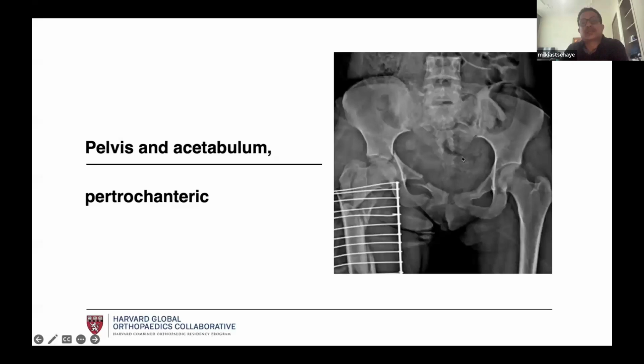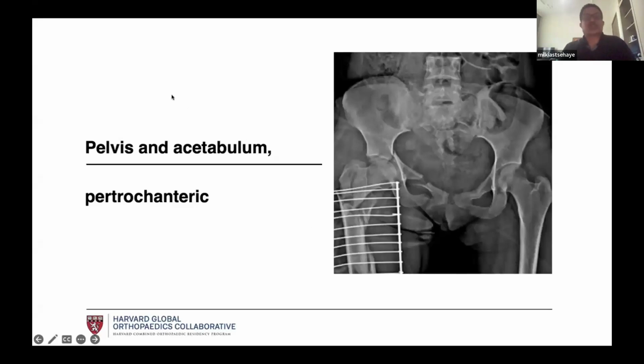Here, if we go posteriorly, the iliopectineal line is disrupted, and the posterior wall and anterior wall lines are disrupted around the roof. We can also see probable impaction of the dome of the acetabulum, and an intertrochanteric fracture which extends to the neck and is quite comminuted, and we also have a femur shaft fracture.